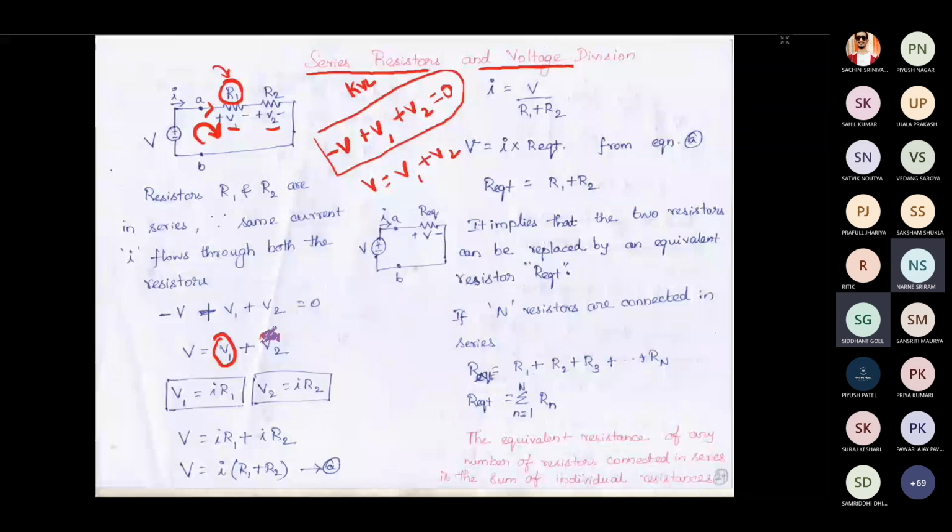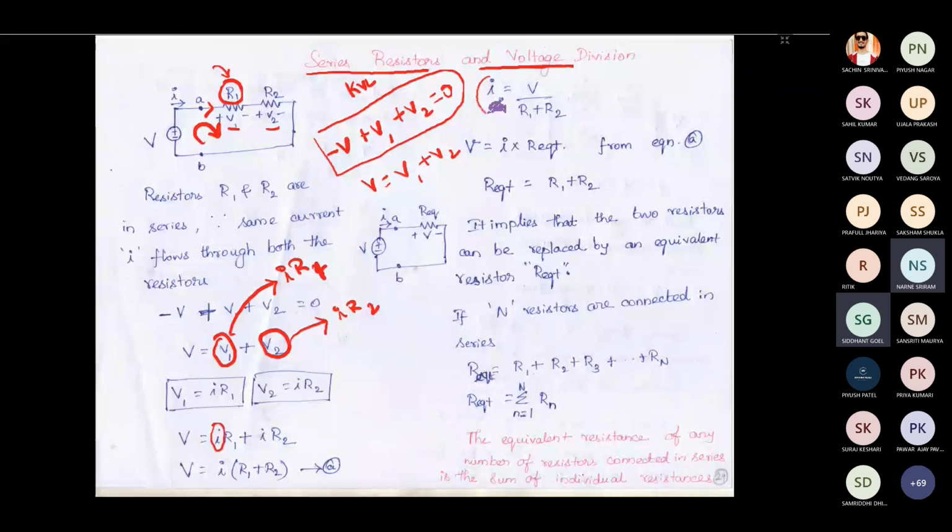So if I substitute this in this equation, I will get V is equal to I into R1 plus I into R2. Here the same current is flowing through both the resistors, so I can take I common. So I will get V is equal to I into (R1 plus R2). Now I can be found based on this expression. This R1 plus R2 is considered as the equivalent resistance.